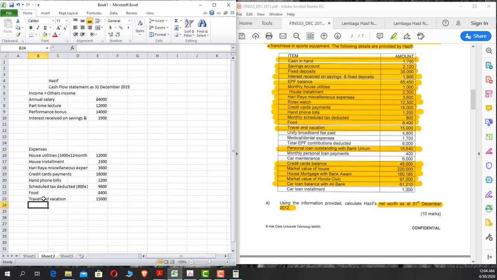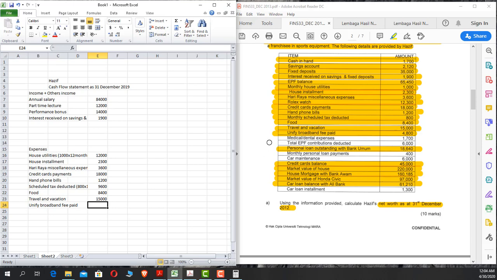Okay, next, Unify broadband fee paid. Yang ni pun Unify yang telah dibayar lah, based on broadband yang dibayar. Unify broadband fee paid.